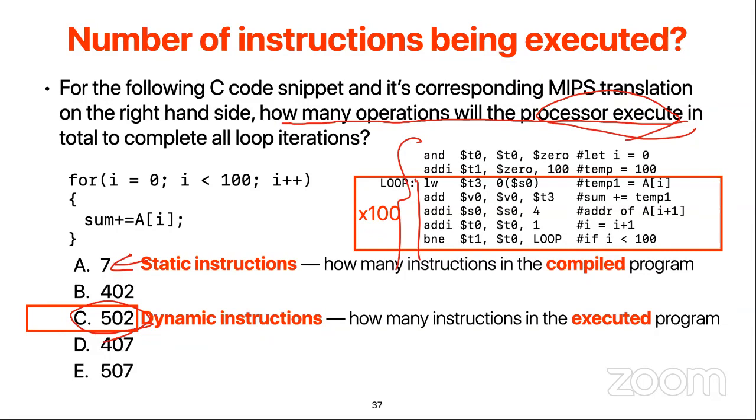And that's called dynamic instructions. When your program is in execution, it takes the amount of dynamic instructions to execute. But when you store it in the memory, it takes the size of static instructions to store. So this is the distinction between these two terms. And hopefully this question helped you figure that out.